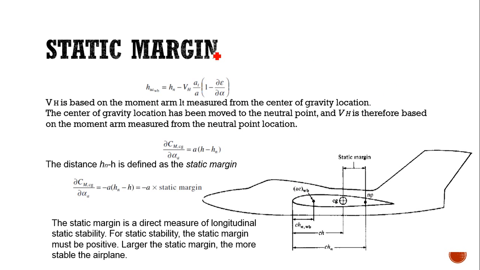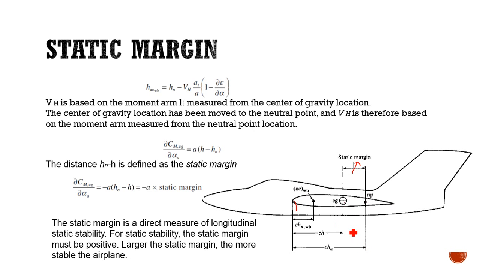So next is the static margin. Here we can see the neutral point and the center of gravity. The distance between the center of gravity and the neutral point is called the static margin.